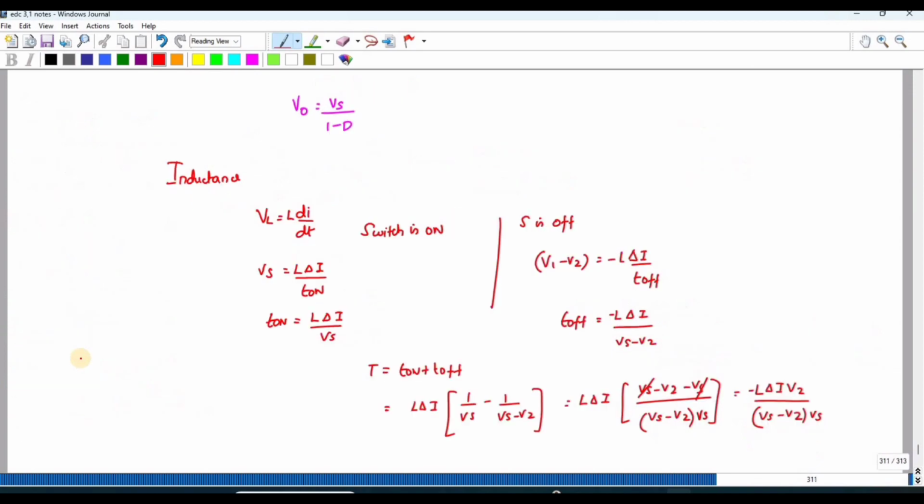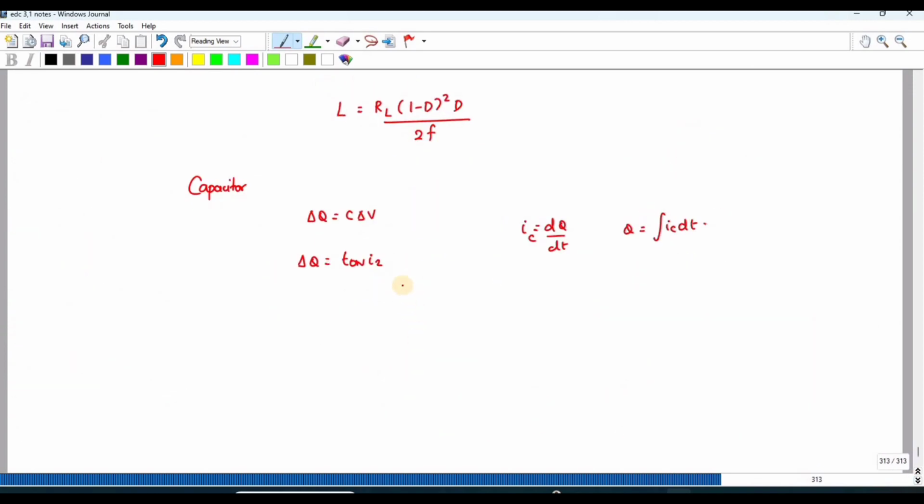So substitute, C del V is equal to T on into I2. So what is C? C is equal to T on I2 divided by del V.